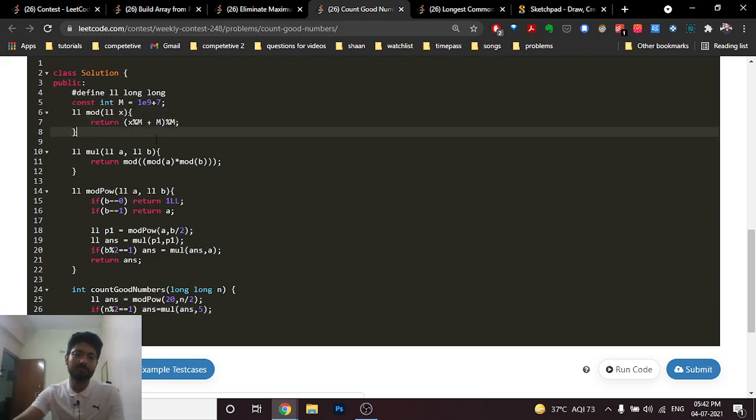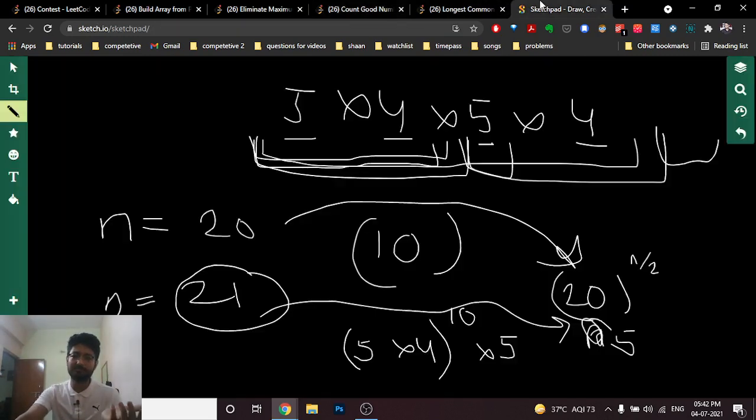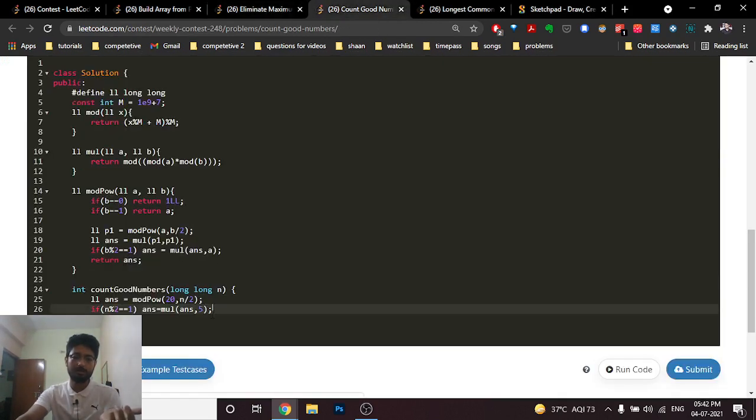In multiplication, if you multiply a into b, it is a mod m into b mod m, whole mod m. So whenever you have to multiply something, use this multiplication function instead of multiplying directly. If you want to multiply the answer with 5, just use this multiplication function with 5.